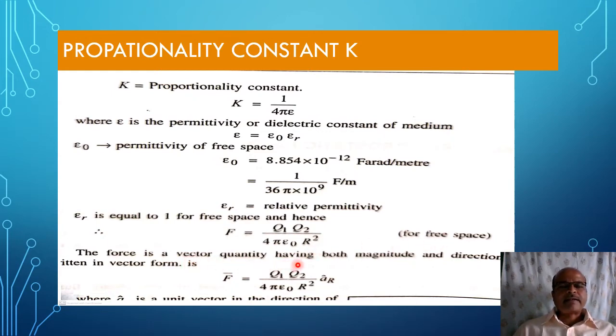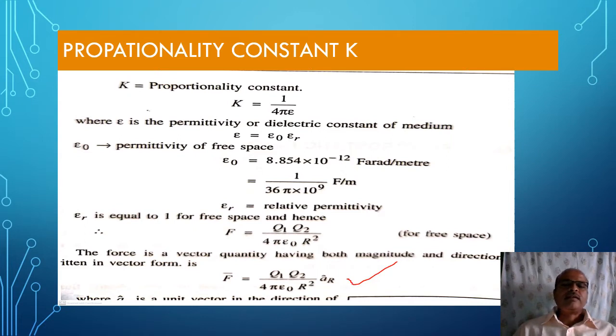The force is a vector quantity having both magnitude and direction. Therefore, in vector form, Coulomb's law can be written as Q1 Q2 upon 4 pi epsilon 0 r square ar cap. So this is the vectorial form of Coulomb's law.